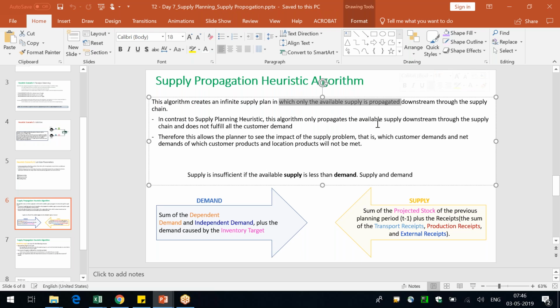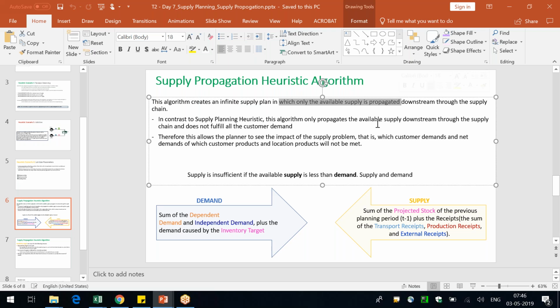In the heuristic, even though the supply is not there, still the system would meet the demand without any shortages, but the shortages can be visible inside your supply chain network, maybe at a warehouse or maybe at a DC or at a plant in the negative projected stocks, etc. But whereas with the supply propagation, only the available supply will be met.